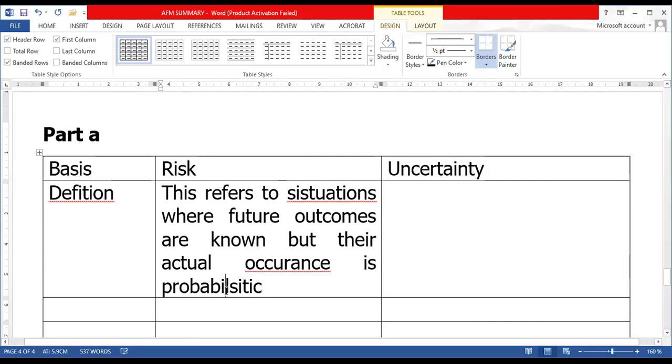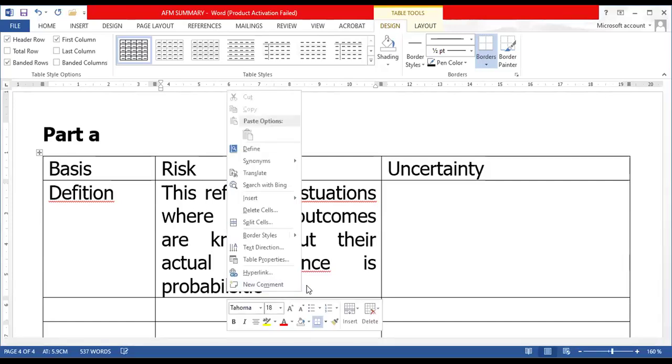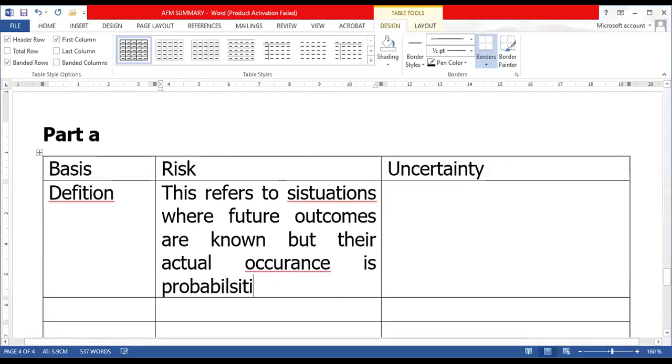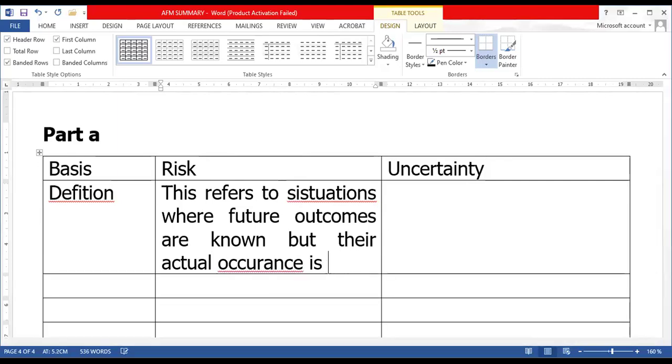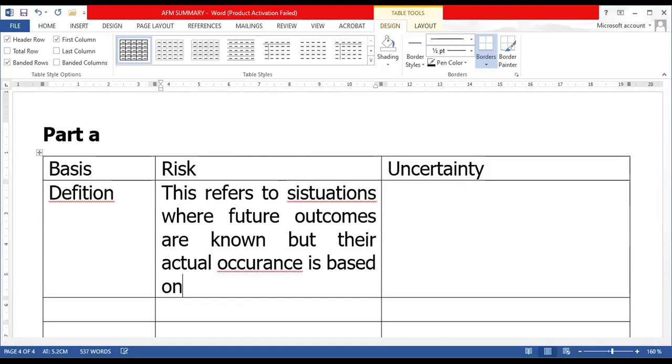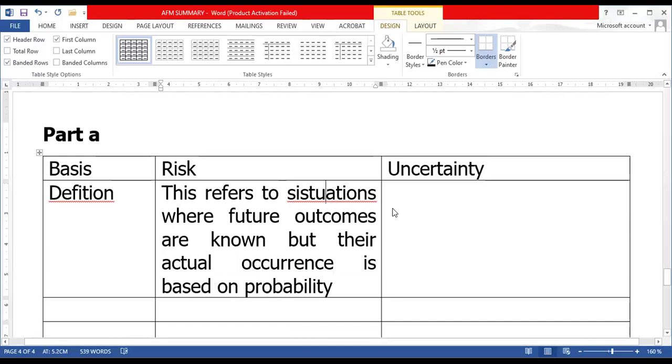Their occurrence is based on the probability. The actual occurrence is based on what? On probability. That is about the risk.